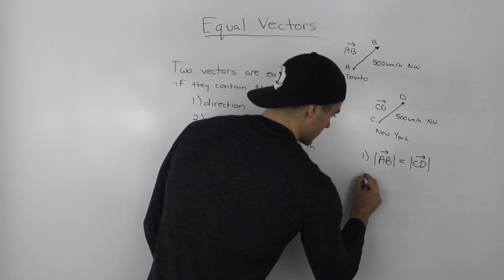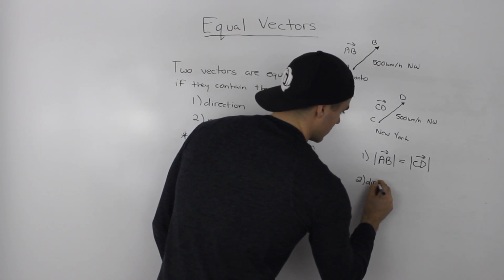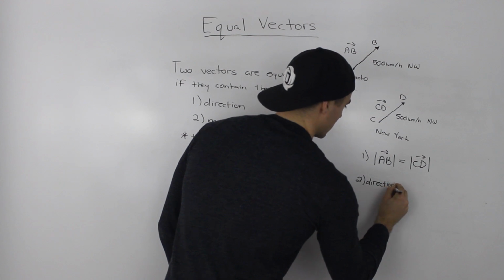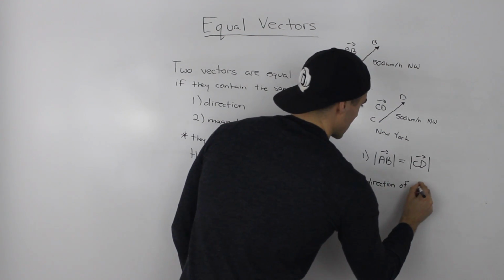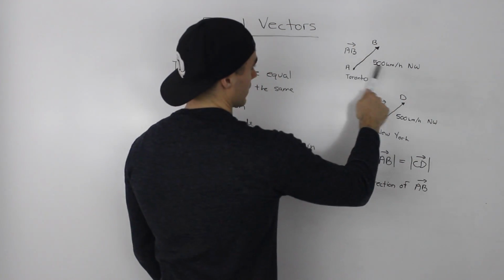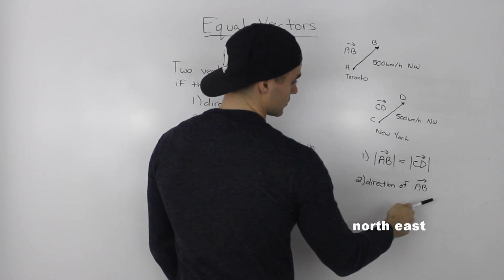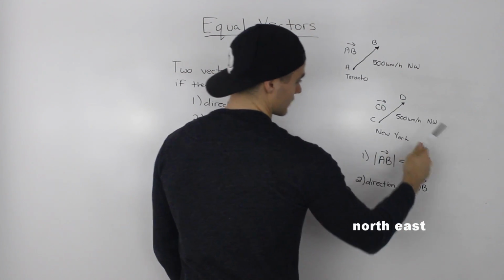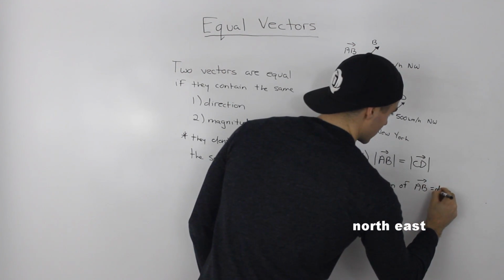And then also notice how the direction of vector AB, right, the northwest, equals the direction of this vector that's also going northwest.